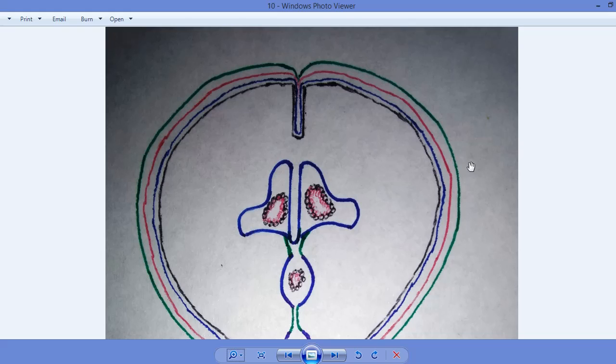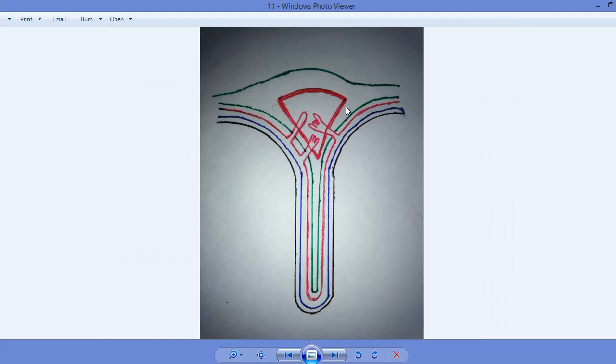The remaining CSF goes and is absorbed over here, in this superior sagittal sinus. Over here you can see this is the pia mater. The pia mater is extended to the longitudinal fissure of the brain.